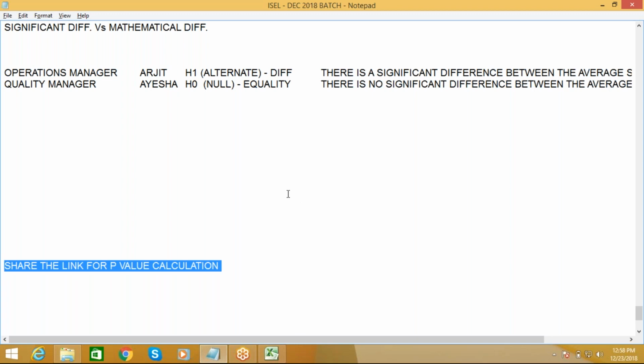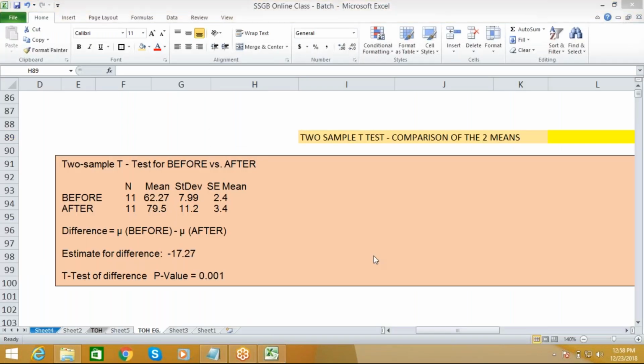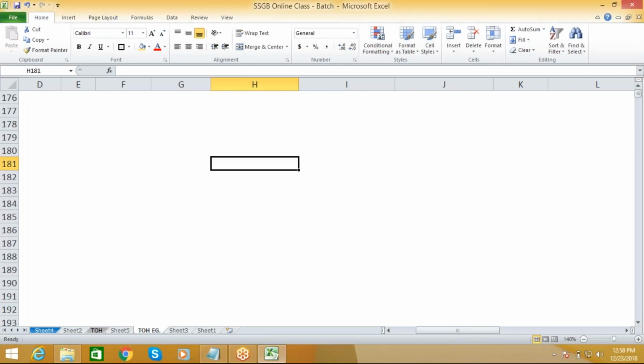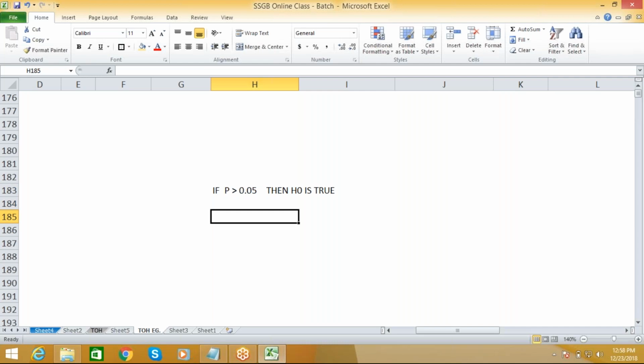All right, now going back to our result. Like Anup said, I'm going to show you how to interpret the result. We base our conclusion on the p-value. If your p-value is greater than 0.05, then we conclude that the null hypothesis is true. The same way, we base our conclusion on whether the p-value is greater or less than 0.05.